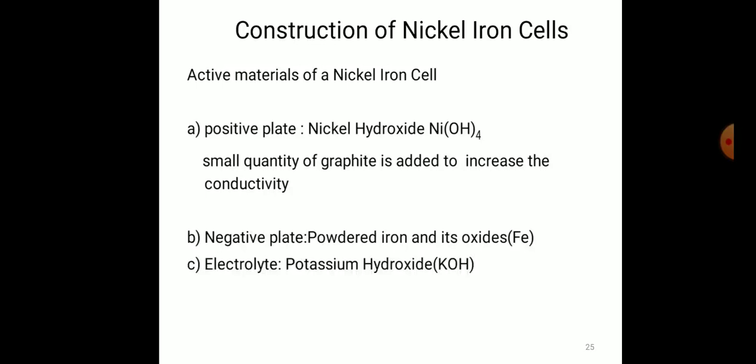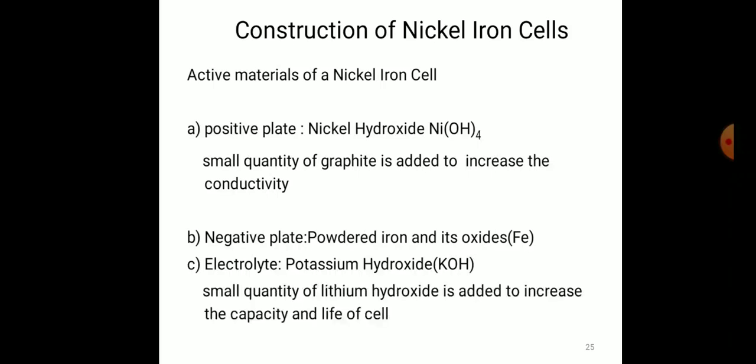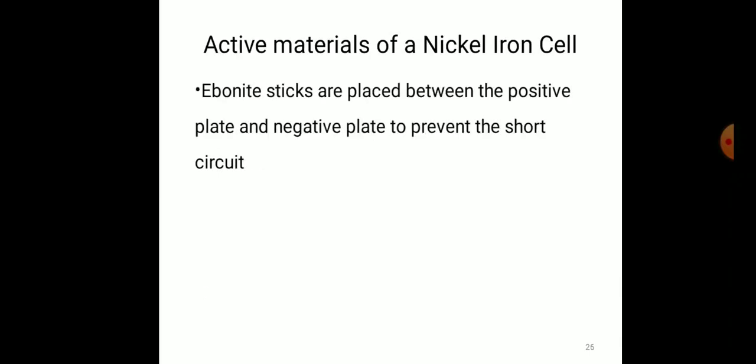These three are the active materials used in the nickel iron cell: the positive plate is nickel hydroxide, the negative plate is powdered iron, and the electrolyte is potassium hydroxide. A small quantity of lithium hydroxide is added to increase the capacity and life of the cell. If we want to improve the life of the cell, we add a small quantity of lithium hydroxide.